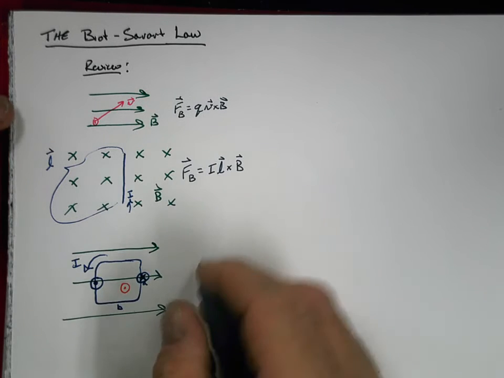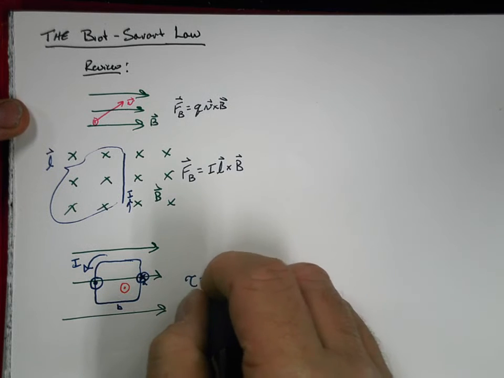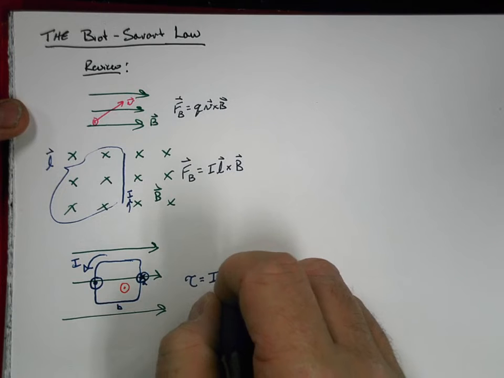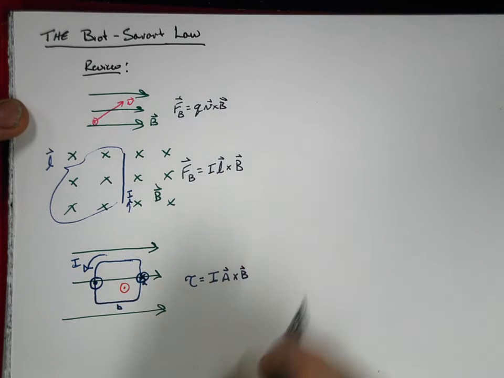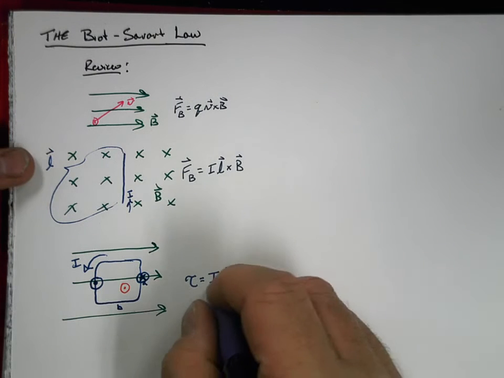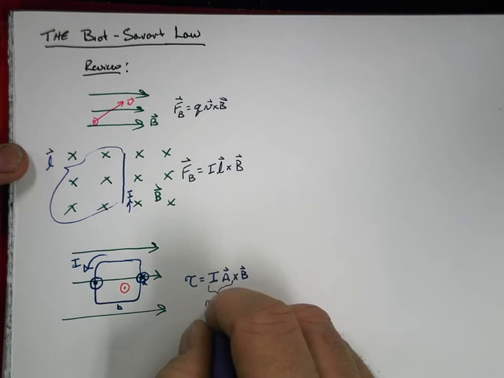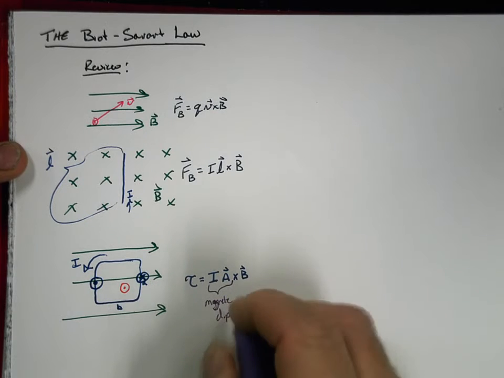This will give us a torque, and our torque is going to equal I times the area times the magnetic field, and we called this the magnetic dipole moment.